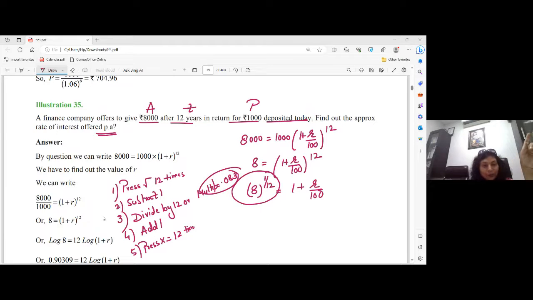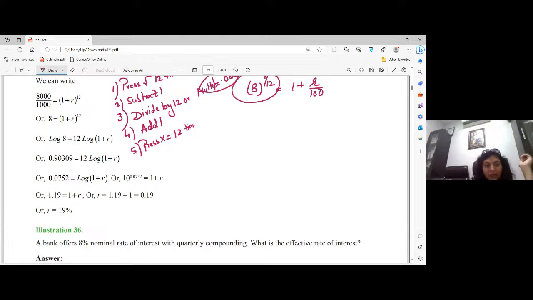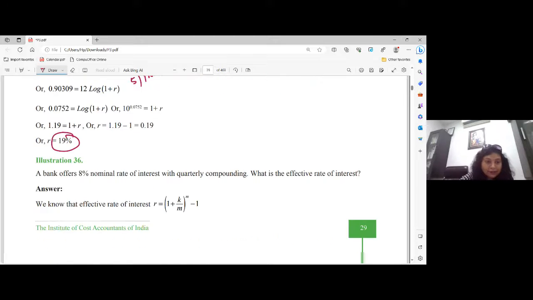Right? This is the value. So minus 1, into 100. So your rate of interest is 18.92%, which is equivalent to about 19%. So through this way, you can find out the answers.